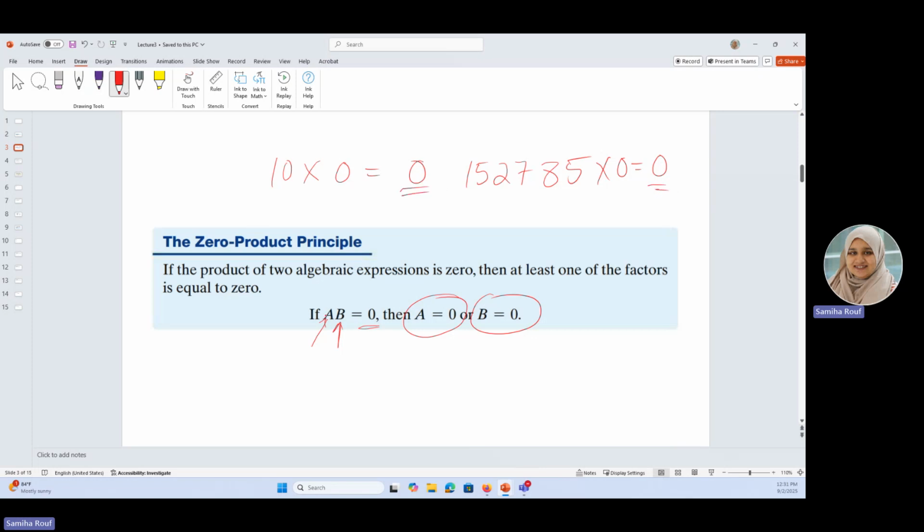This is a case where the algebraic expressions a and b have some unknown variable associated with them. But I do know that when I multiply those expressions, regardless of what that variable is, the multiplication results in 0. Hence, at least one of them must equal 0. And we can use this to help us solve for the variable in many of these problems, especially when it comes to quadratic equations.